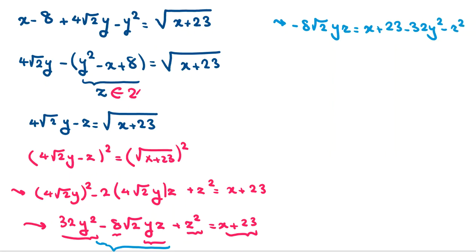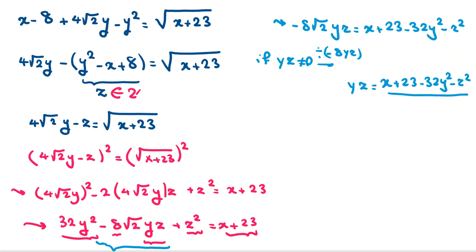If yz is not 0, we can divide by negative 8yz. So we can conclude root 2 equal to x plus 23 minus 32 y squared minus z squared over negative 8yz.